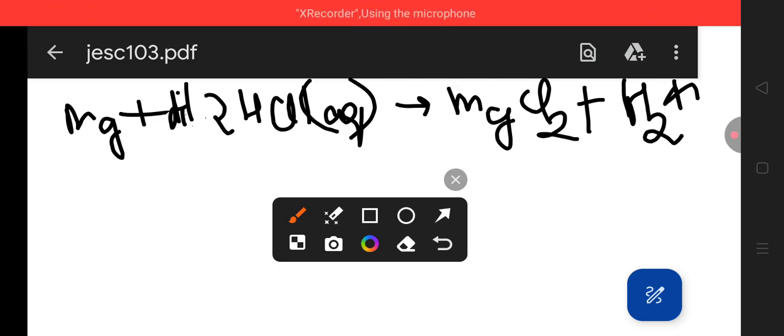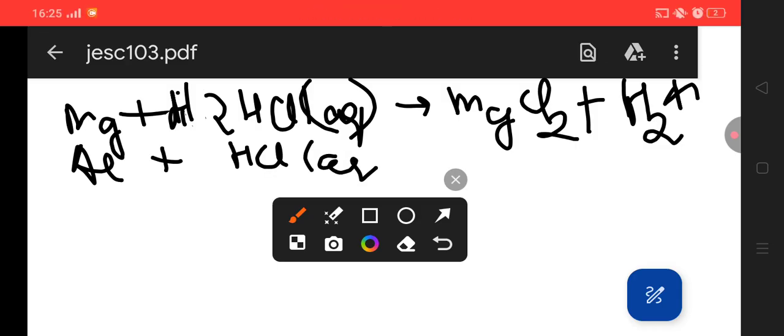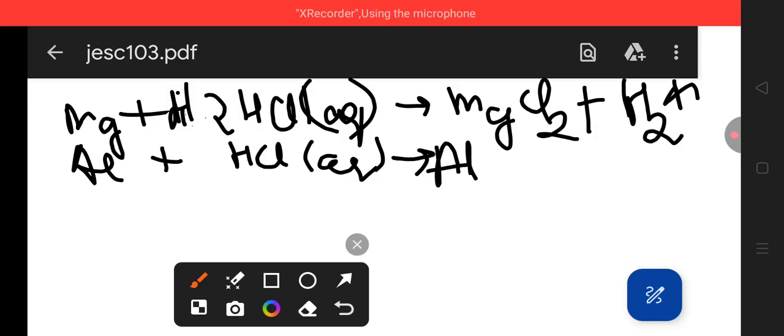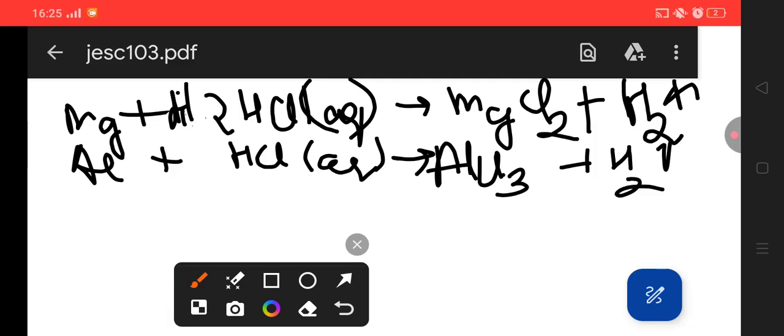Now the next is aluminium. So aluminium plus HCl aqueous reacts to give aluminium chloride plus H2. Now you are seeing that here 3 is written, so we'll write 3 here also.